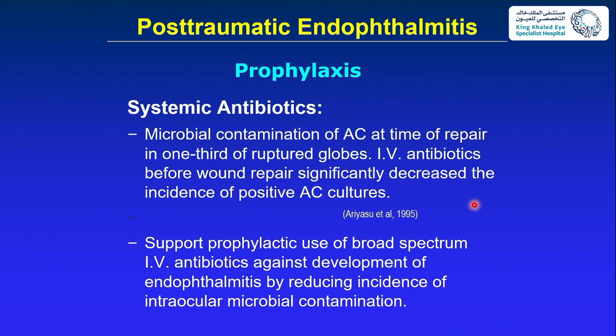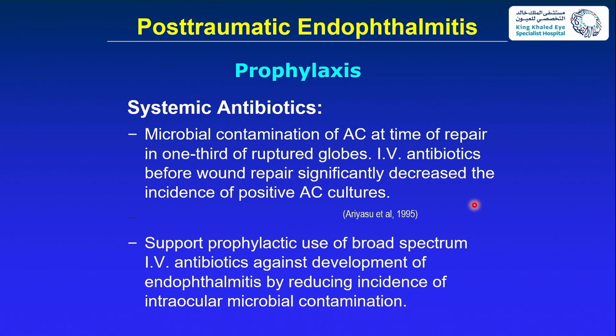How about prophylaxis? Now we know that the risk is very high, so we should have a clear idea about prophylaxis. And this is a very nice study, although it's an old study, where they took an aqueous sample at the time of repair of the open globe injury, and they cultured.